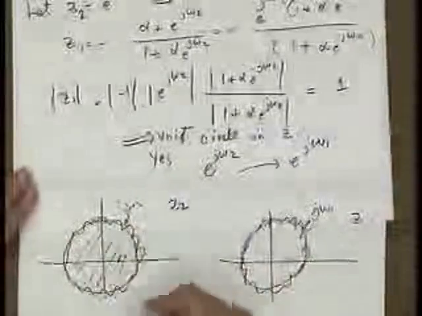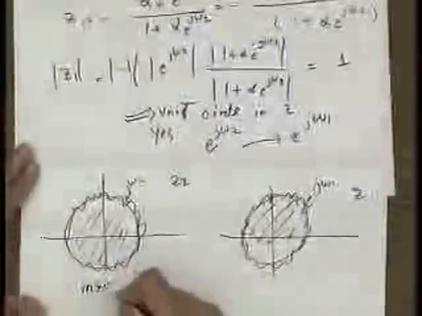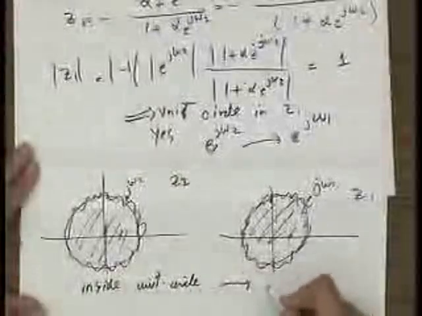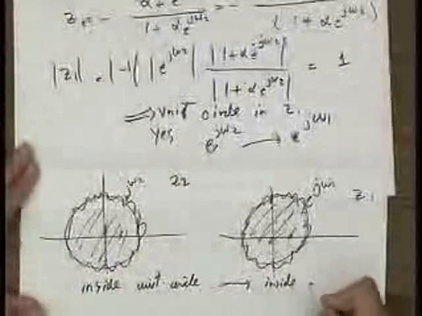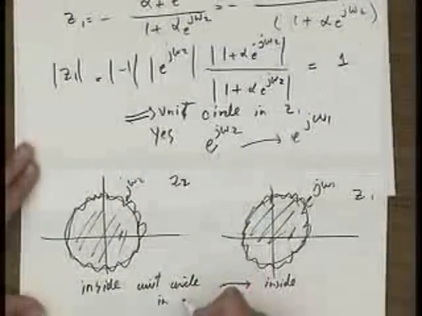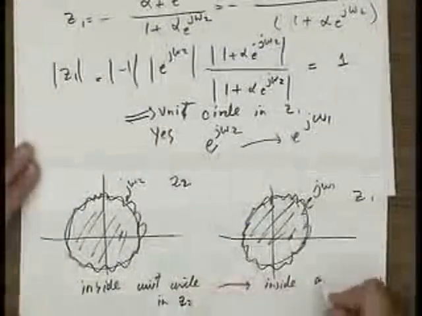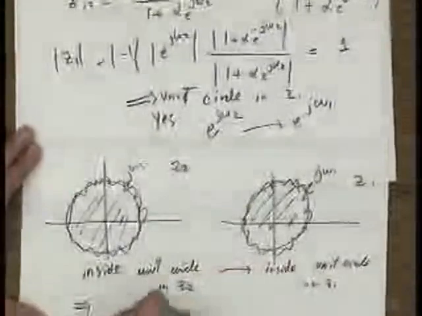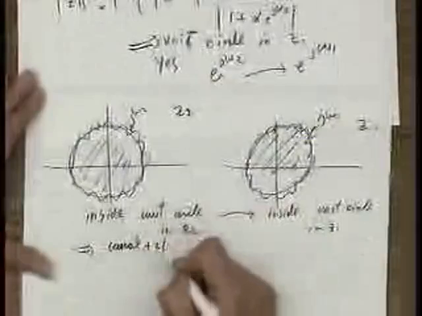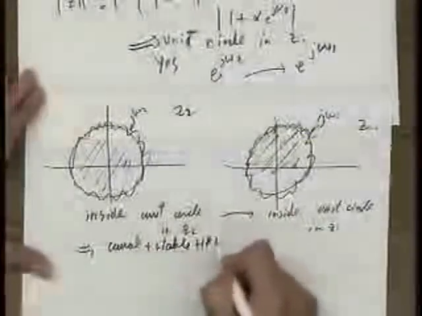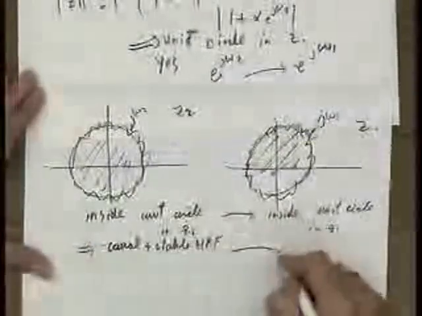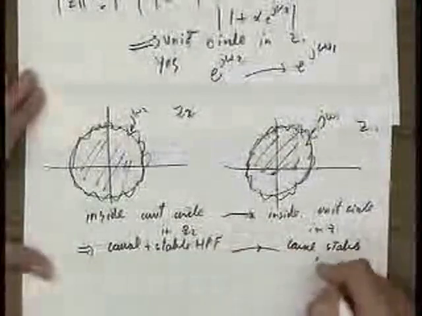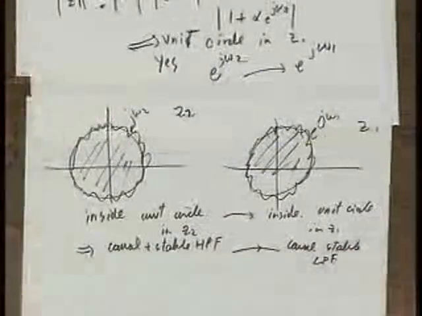So you can show that the inside of the unit circle in Z2 gets mapped into the inside of the unit circle in Z1. So that's easy to show, and that shows that the causal plus stable high-pass filters in one domain get mapped into causal unstable low-pass filters in the other domain.